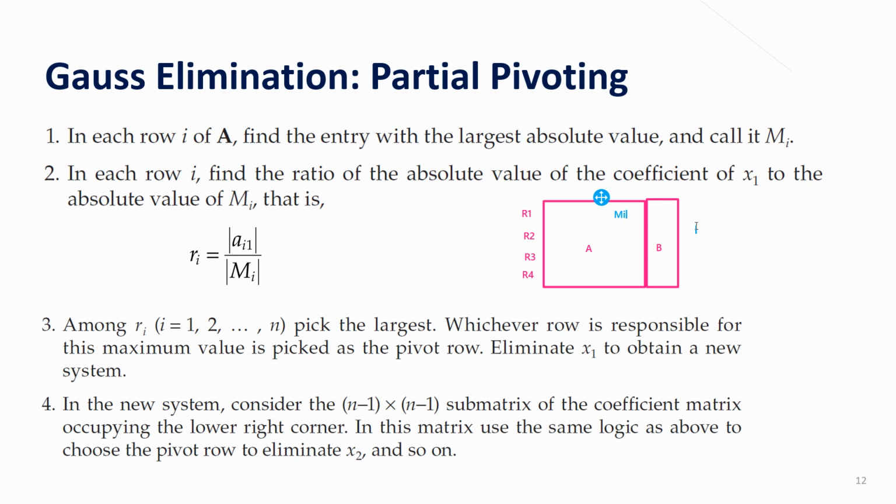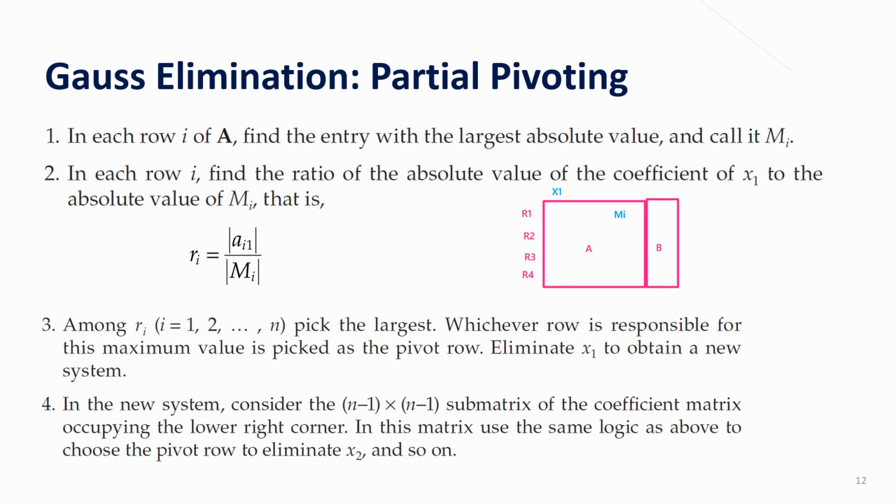And then at each row, you will find the ratio of the coefficients of the x1. So now here you have x1, and then you have a11 there, and you want to find the ratio of the absolute value of the coefficient.